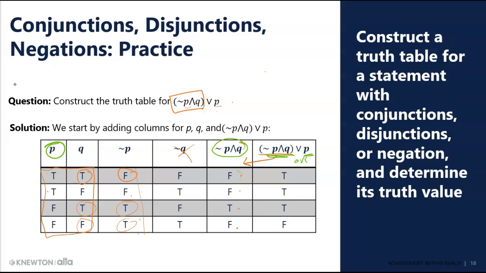So I'm looking here and here, row by row. In this first row, as soon as I have a true with the OR, I know I have a true. P was true, and I know in the second row, P is going to be true too. So true, true. Third row, I have a true here, so I don't even need to look. As long as I have one true, my OR is true. Fourth row, I have a false here, so I have to check and see if the value of P is false also. So I have a false.